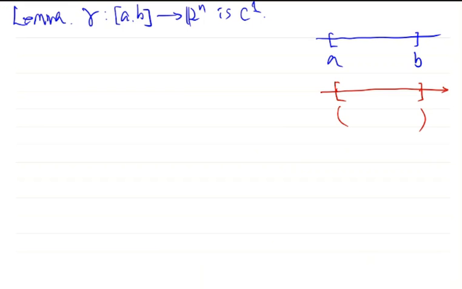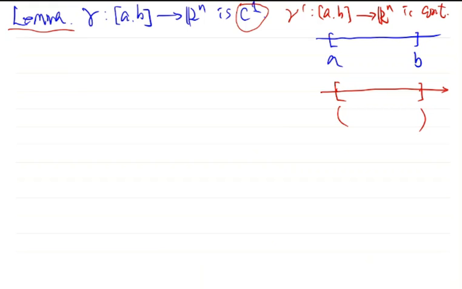For simplicity, we first prove the case with a slightly stronger assumption, that our gamma is not only a parametric curve, it is also differentiable at the endpoints. Then we have a derivative function defined on the closed interval [a, b], which is continuous. So this is what C1 means. That is, gamma prime is defined on the closed interval and is continuous. This is just the meaning of C1.